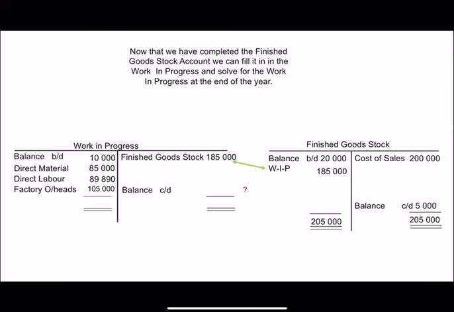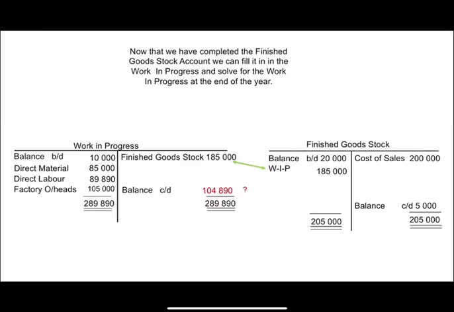So what we do is we total each side, giving us 289,890 as our total, and then we can minus 185,000 from that on the credit side, which gives us a balance carried down of 104,890. So that is our work in progress at the end of the year.